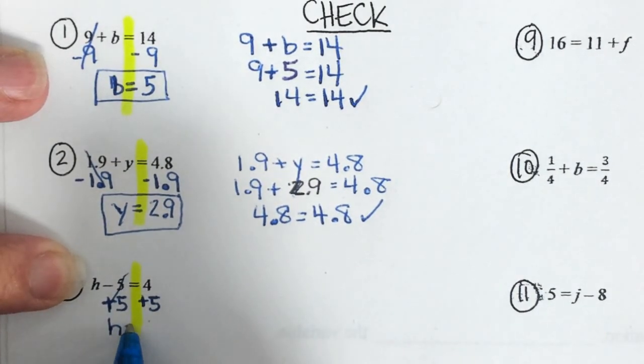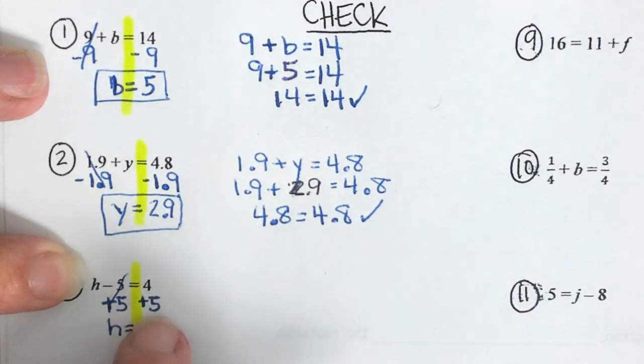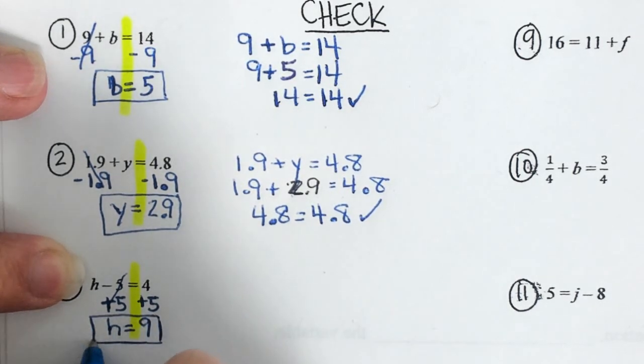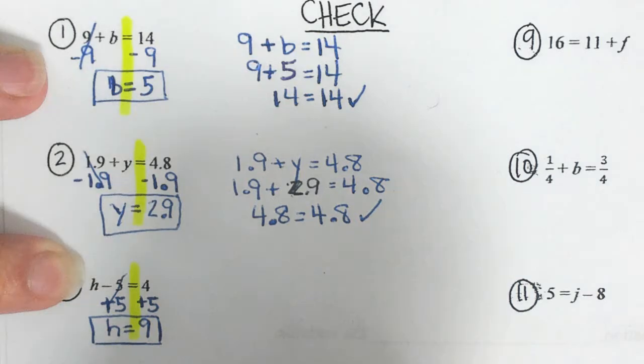Right? So h is, what's 4 plus 5? 9. There you go. 4 plus 5. Minus 5. I thought we were doing it across, not up. Same thing, right there.